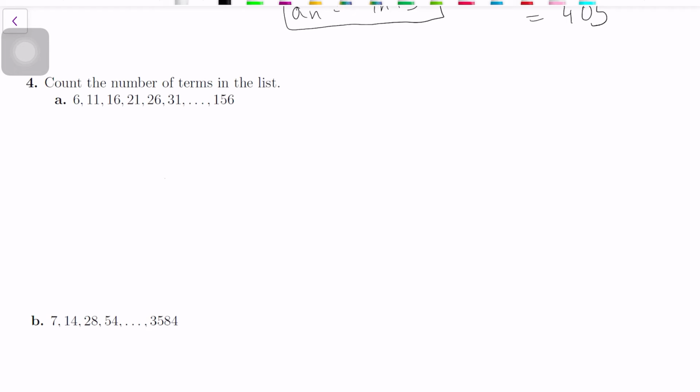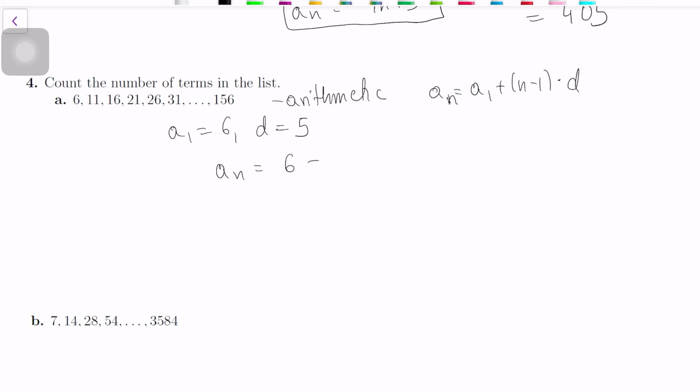So let's recognize it's an arithmetic sequence, right? Arithmetic has the formula an equals a1 plus n minus 1 times the difference. I see A1 is 6, the difference is 5, so I get AN to be 6 plus n minus 1 times the difference.